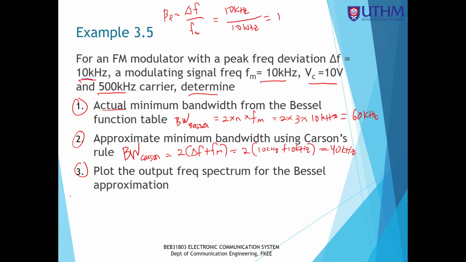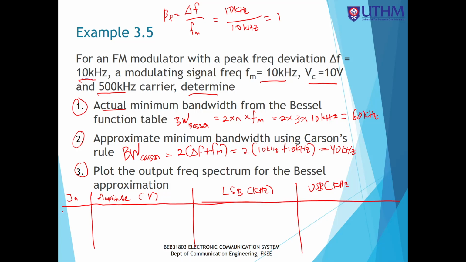So we have the Jn, and we have the amplitude in terms of volt. We have the lower sideband in kilohertz and the upper sideband in kilohertz.